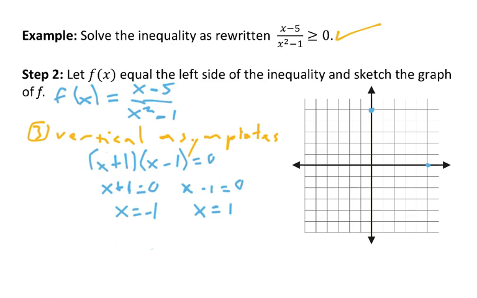So I'll draw those in. There's positive 1 and there's negative 1 as vertical asymptotes.